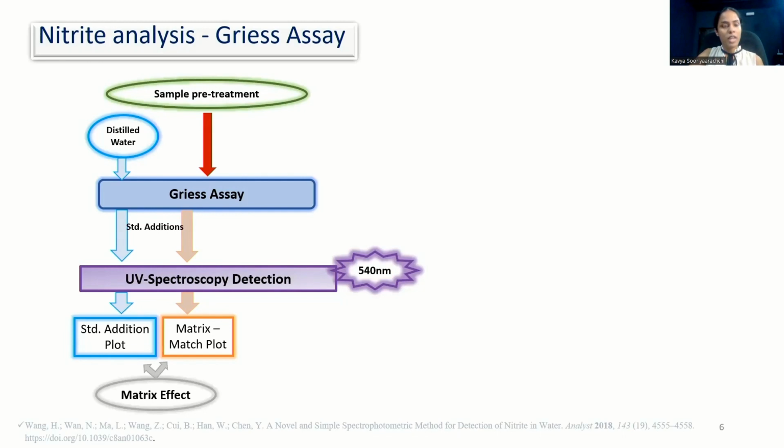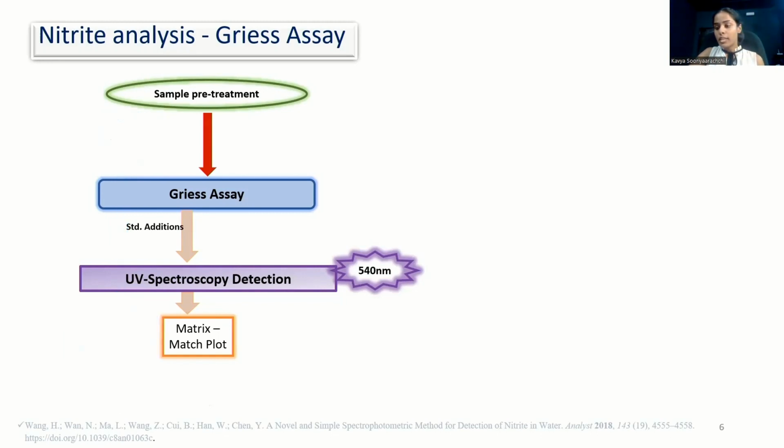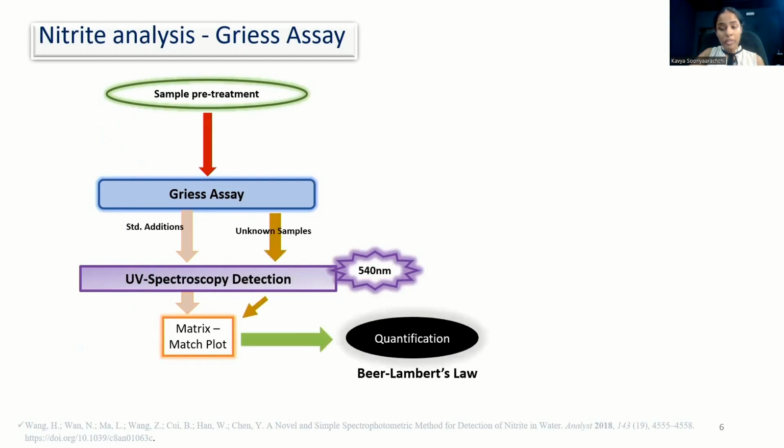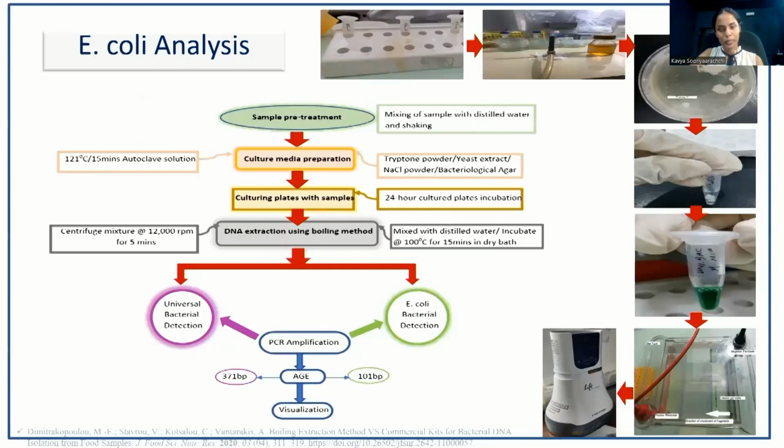First, the standard curve was obtained using distilled water, and then the matrix-matched plot was obtained using extracted samples, and these two plots were compared to obtain the matrix effect, through which we determine whether to use a standard addition curve or an external standard curve to find the nitrite levels of the unknown samples. Then the unknown samples were pre-treated, and the detection and quantifications were carried out according to standard addition methods, and the unknown concentrations were obtained.